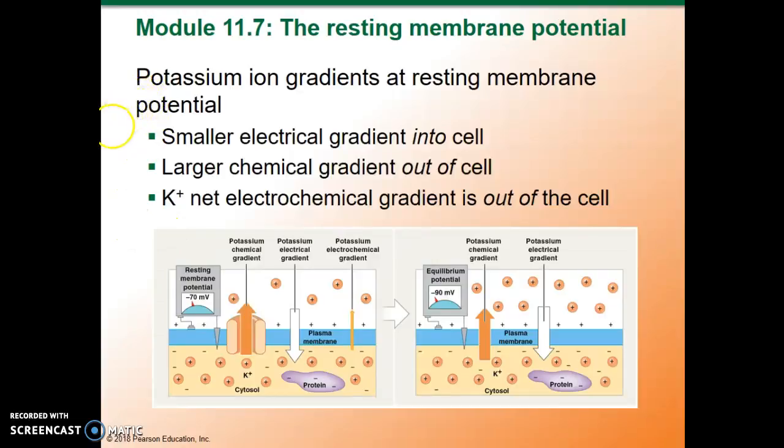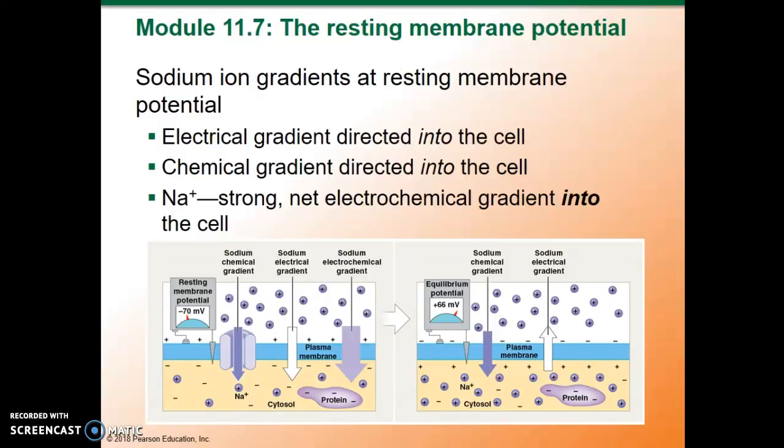For the potassium ion, at the resting membrane potential, the smaller electrical gradient brings potassium into the cell, but the larger chemical gradient takes potassium out of the cell, so the net gradient is out of the cell.